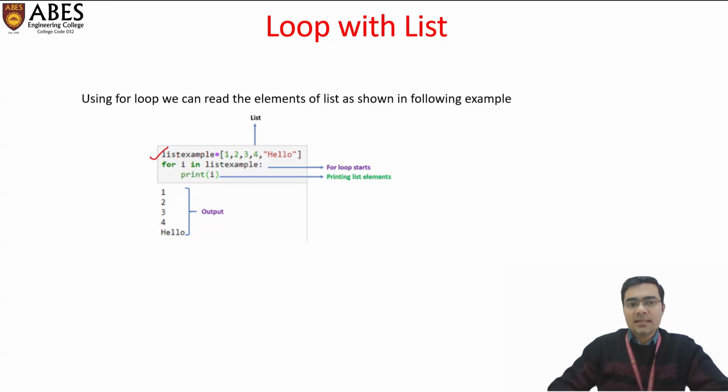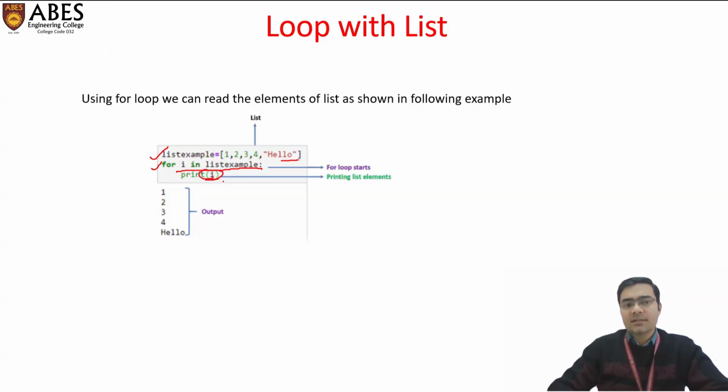This is the list example where we are saving a total of 5 elements: 1, 2, 3, 4 and hello. With the help of the for loop we are accessing each and every element, and in each iteration we are printing the ith element.